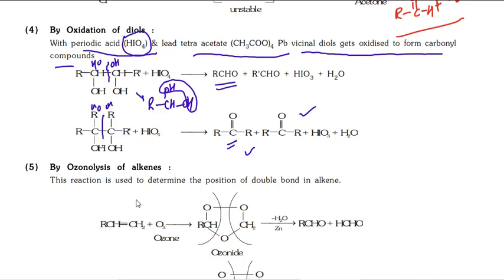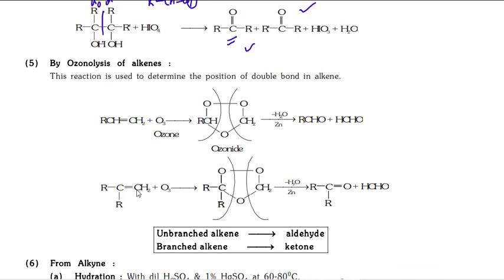Next, ozonolysis. From alkenes we can prepare aldehydes and ketones. Whenever ozone reacts with an unsaturated alkene or alkyne, it forms an ozonide structure. So this is the mechanism here. The bond cleaves, suppose here one electron, here one electron, and these two electrons form a bond, and likewise these two electrons form a bond.